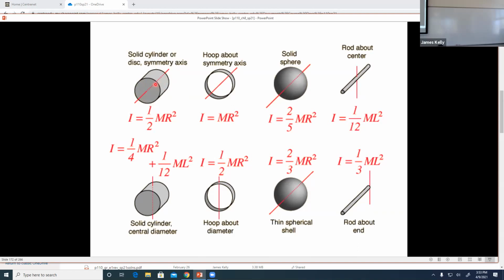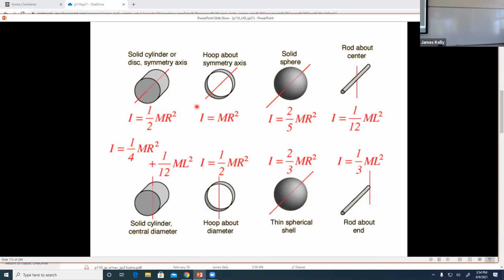And we're imagining that this entire thing has mass capital M, and the radius of the cylinder is R. Its moment of inertia is 1/2 times M times R squared. Notice the moment of inertia should have units of mass times distance squared, so that kind of makes sense there. But the factor of 1/2 is maybe kind of surprising. It's different than other things.